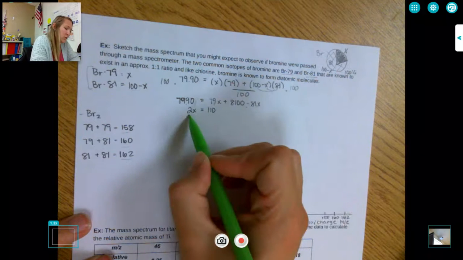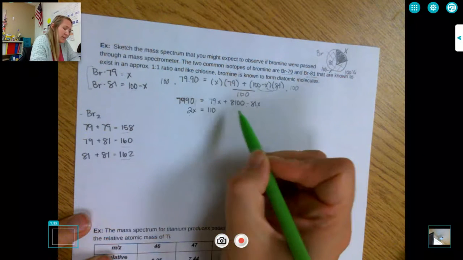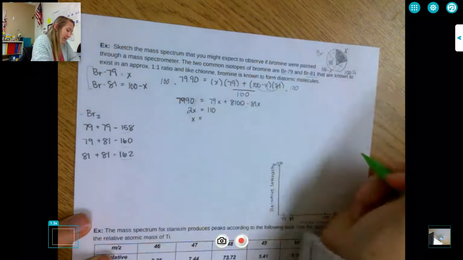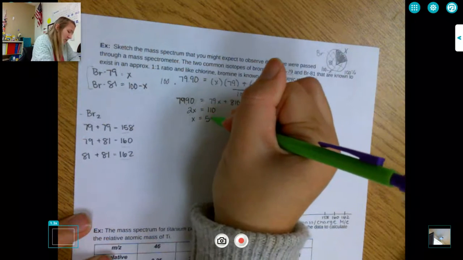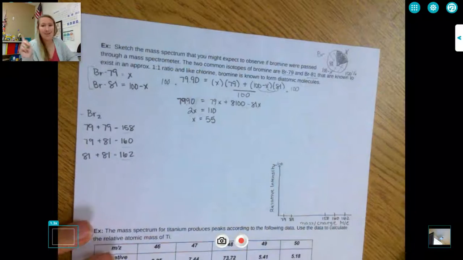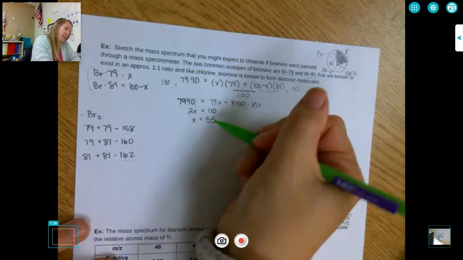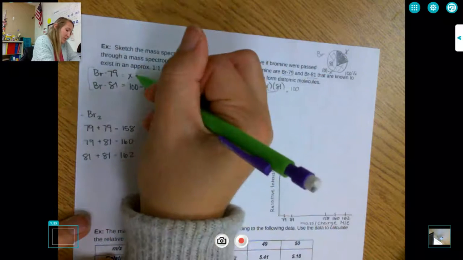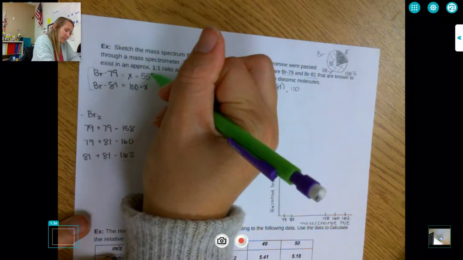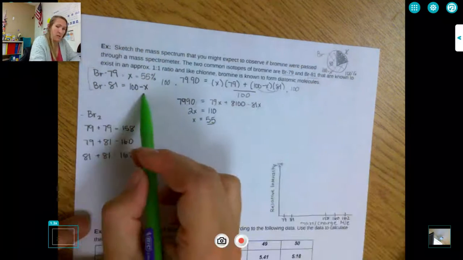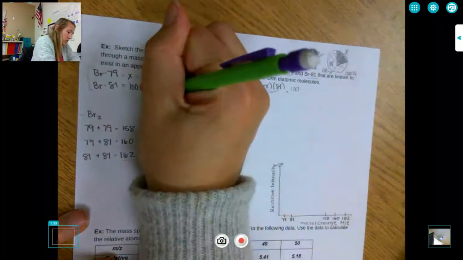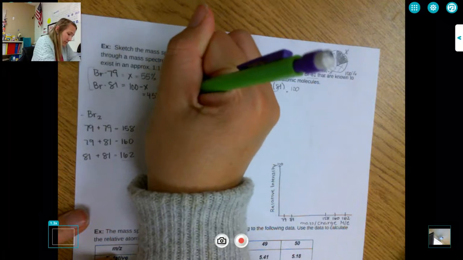So my 2X came over here, subtracted 79.90 from both sides, and I got 110, which means that X equals 55. So that means that my bromine 79 is 55% abundant, and my bromine 81 is 100 minus 55, which is 45% abundant.